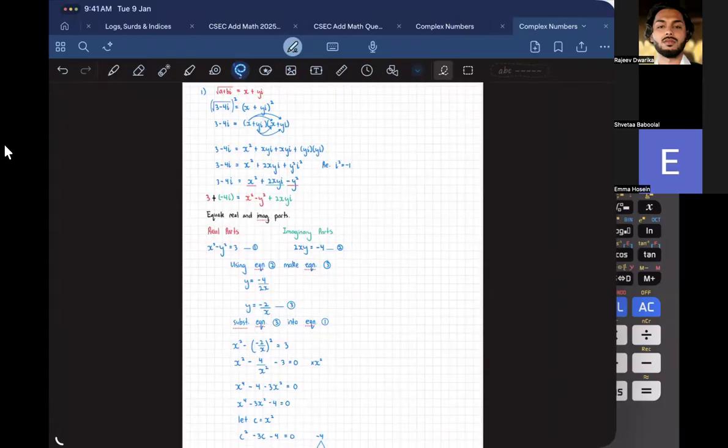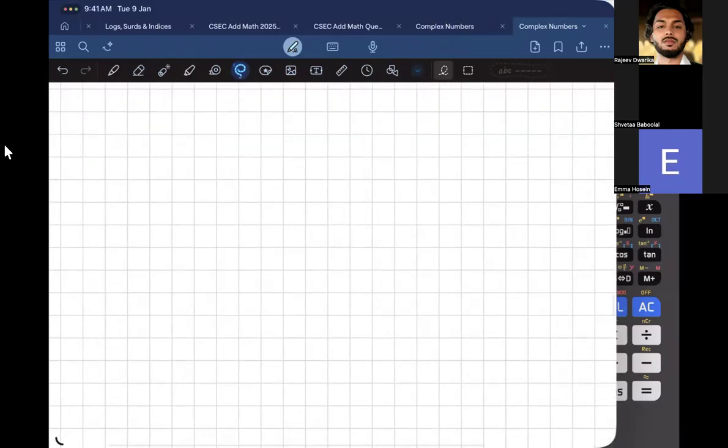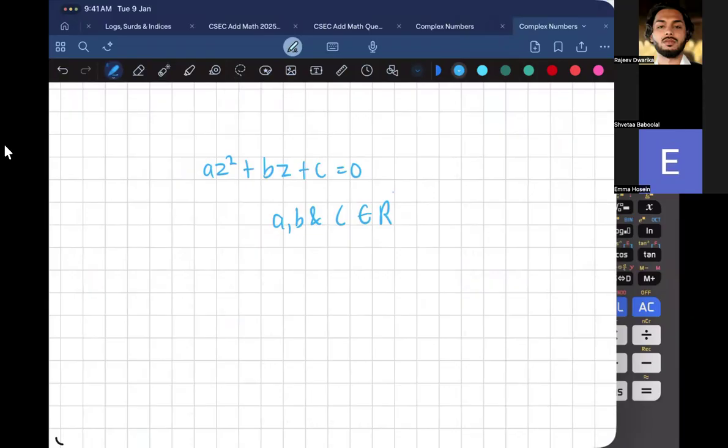First things first, Shweta, you learned that if you have a quadratic in the form az squared plus bz plus c equals 0, and a, b, and c are elements of the real numbers, then the roots would exist as what?